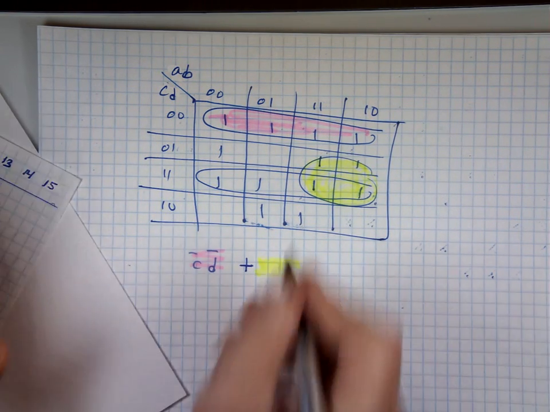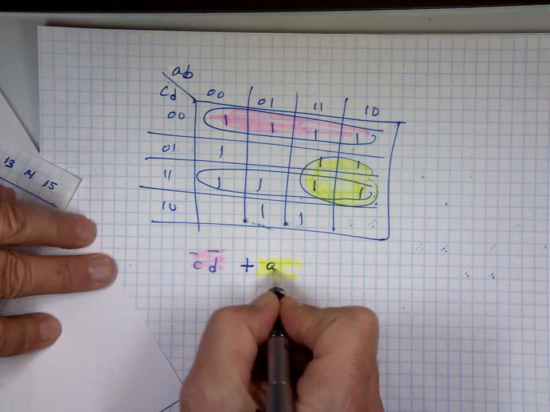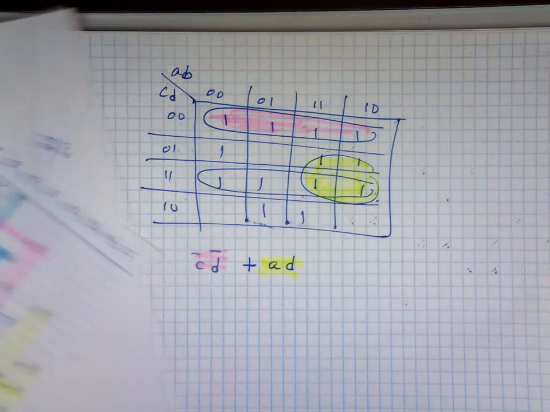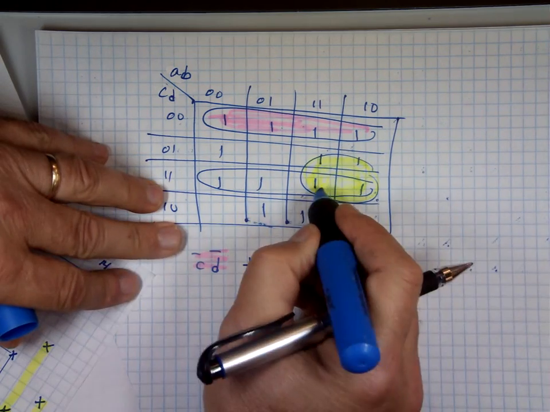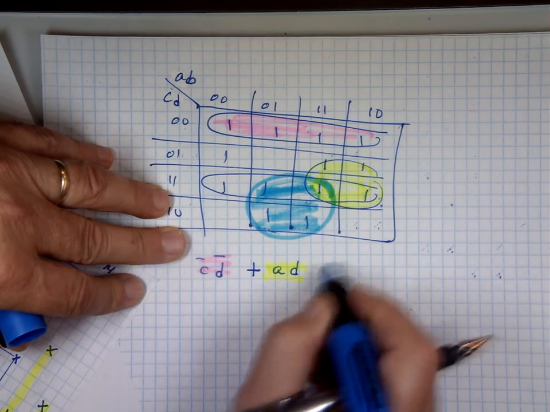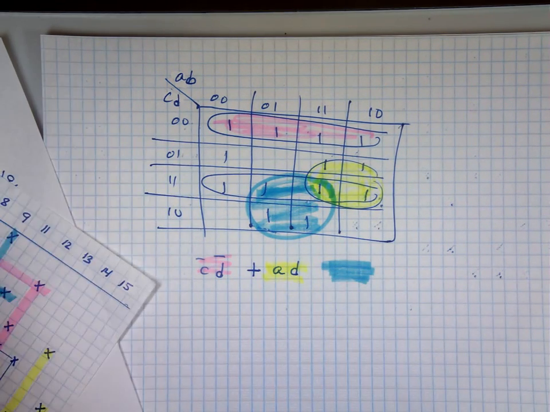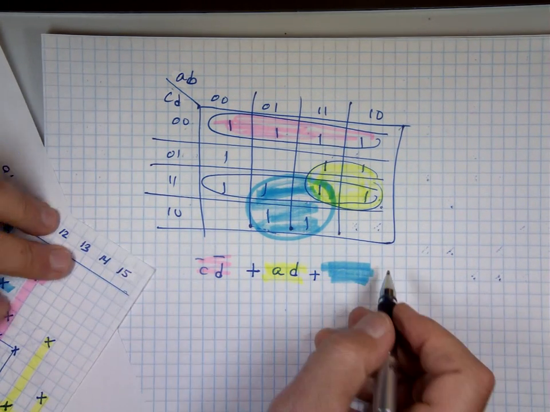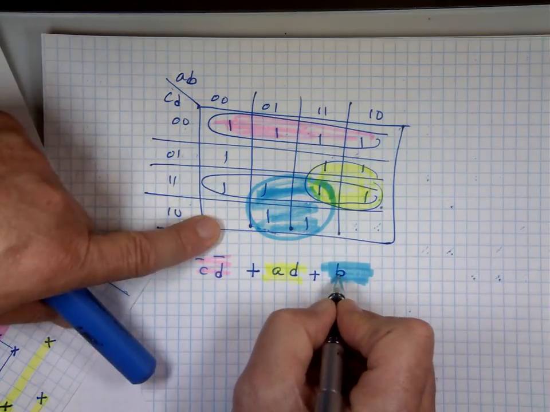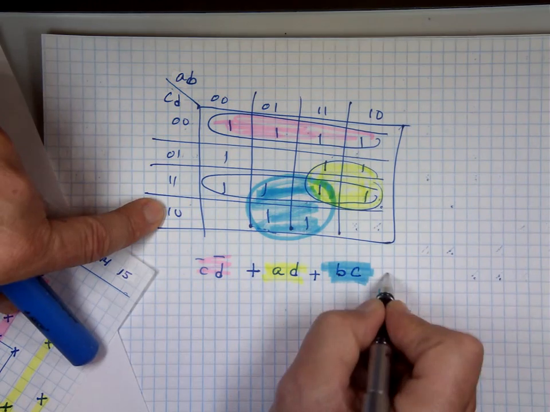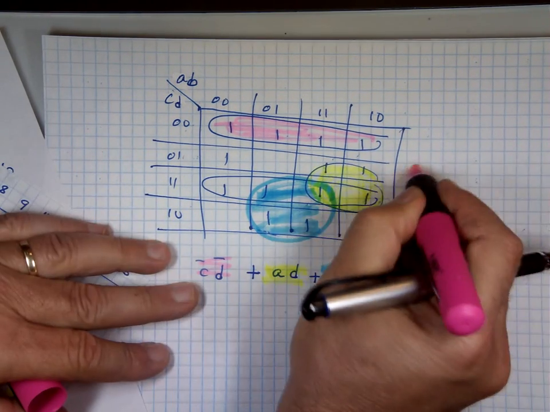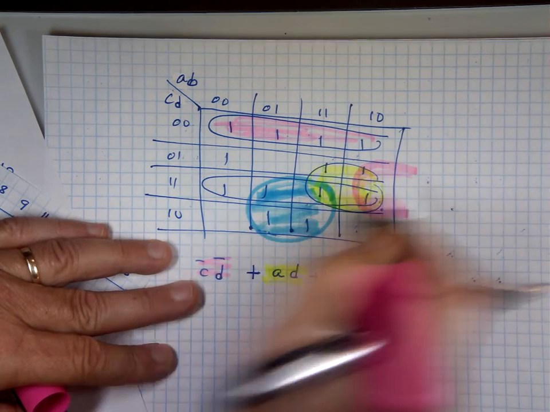I could have took this as one group. And that would be what? B, C. And I could have took these two with that two here. And these two will give me what?